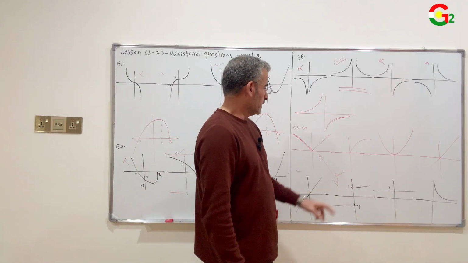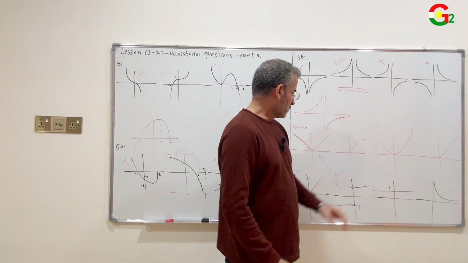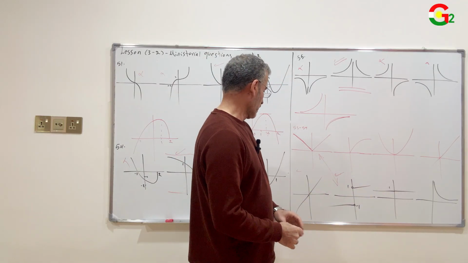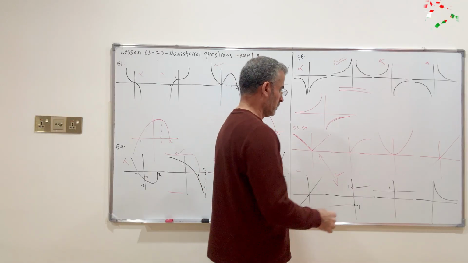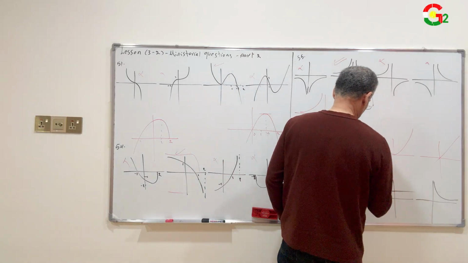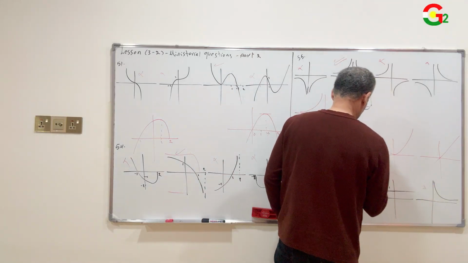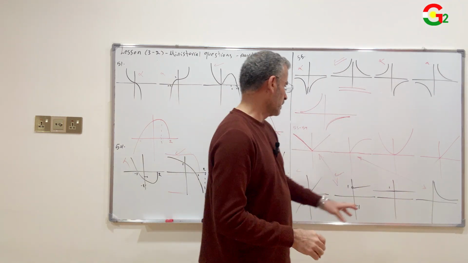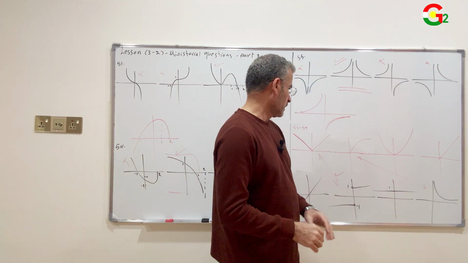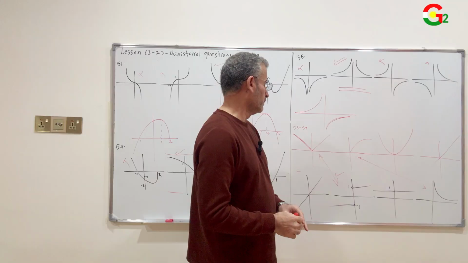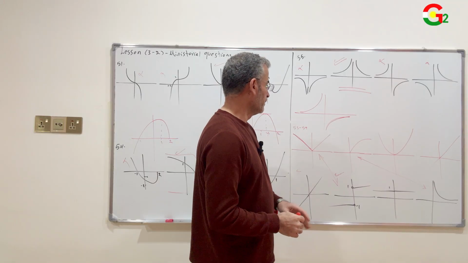The second function, its domain is from 0 to positive infinity. Therefore, we choose D, because it is the only graph of the three graphs whose domain is from 0 to positive infinity.